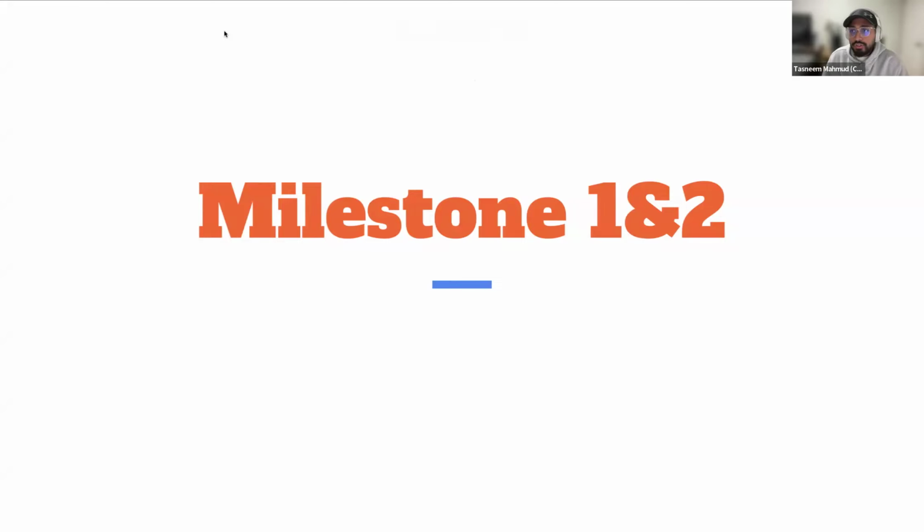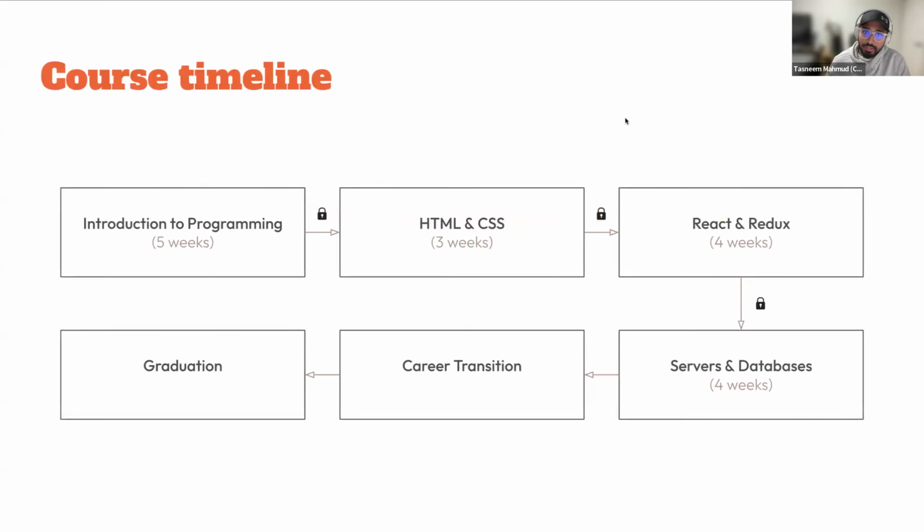So as I said before, today's lecture would essentially be talking about our first two milestones. In this case, it's JavaScript and HTML, CSS. If we take a look at the milestones, we start off with Introduction to Programming, which is essentially JavaScript.